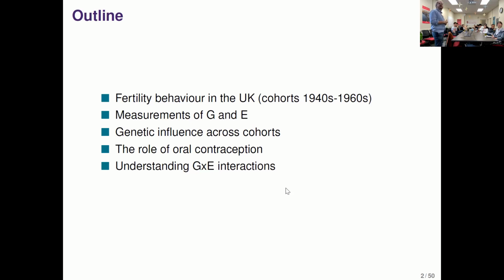Then we're going to switch to an analysis by cohorts, looking at genetics and different influences across different cohorts, cohorts that, as we'll see in a minute, experienced dramatic change in fertility behavior. And then we're going to switch to a particular change that we think is very relevant: the role of oral contraception, the contraceptive pill. And then we try to play a bit to understand what this G by E interaction means.